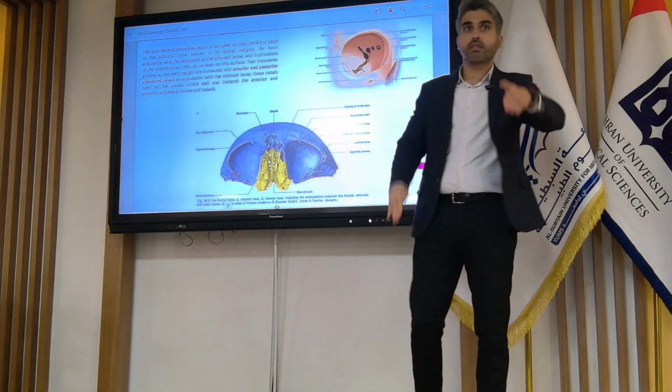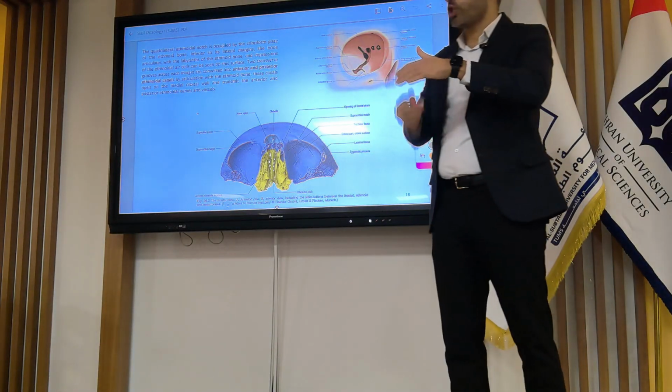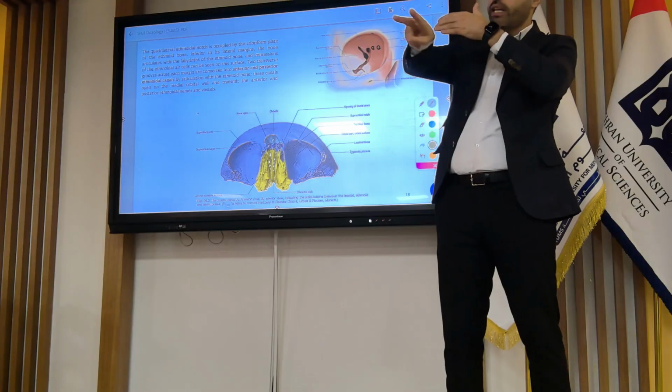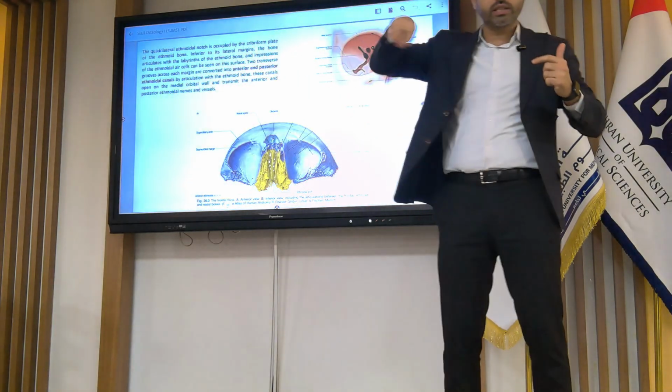So what happened between ethmoid and the frontal bone orbital plates when this U shape ethmoid goes to this region? Two foramen from inside, they go outside to the eyes here. From inside, they open to the eyes.